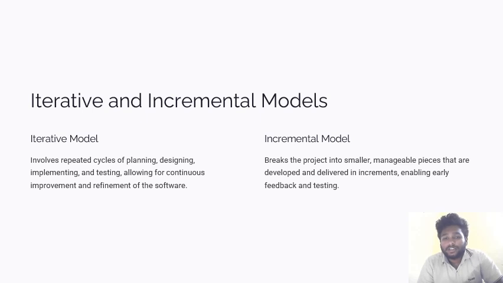The incremental model breaks the project into smaller and manageable pieces that are developed and delivered in increments, enabling earlier feedback and testing. That means if the project is bigger, then it is divided into smaller parts, and each part is done by one person, so that we can manage the time and complete the project within the given time or earlier.